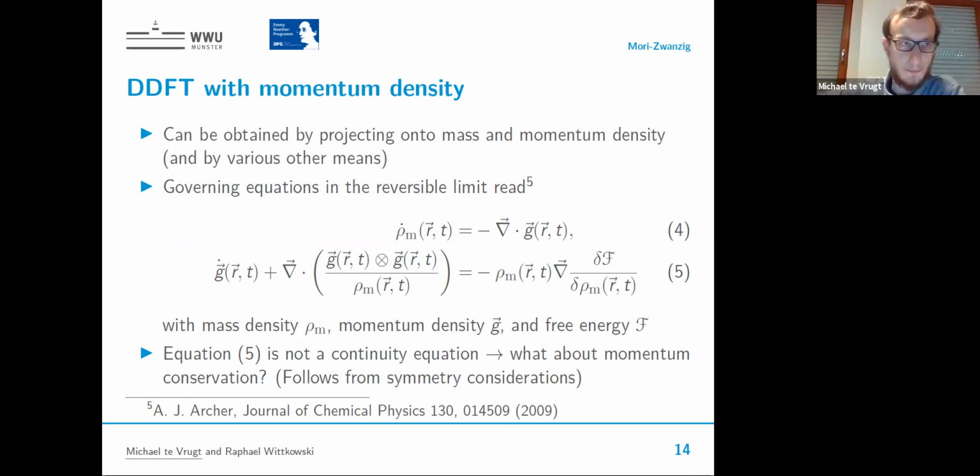And it has been something we've been thinking about for a while, and I would argue that you can actually show that this conserves the total momentum density because of the symmetries of this functional here, in particular because of the symmetries of the direct correlation function.